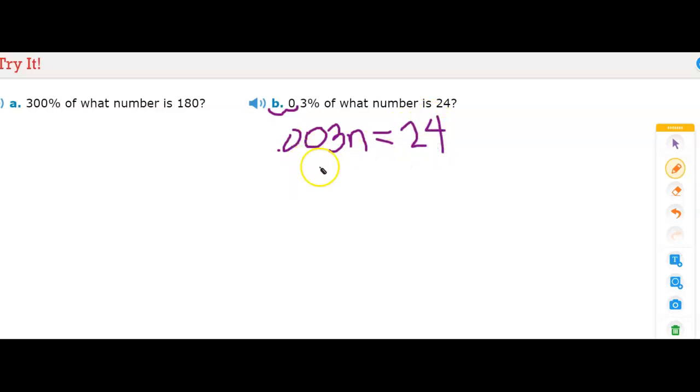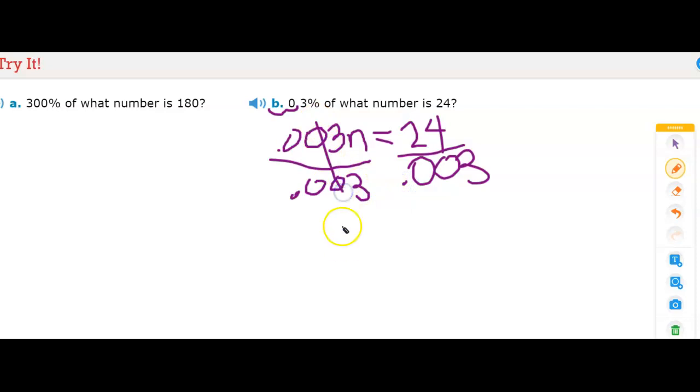Now we are going to solve for n. We have to get it by itself, and the inverse of multiplication is division. So we divide by 0.003 on both sides, and this cancels out.